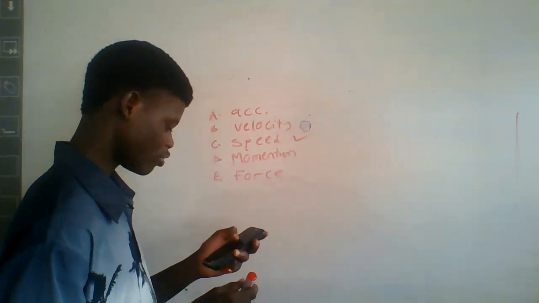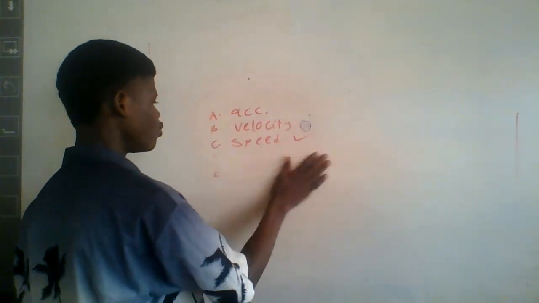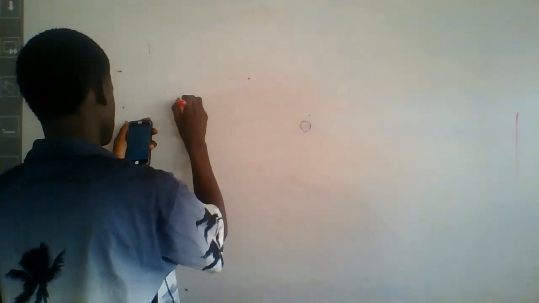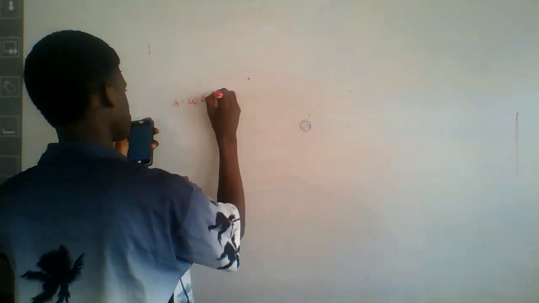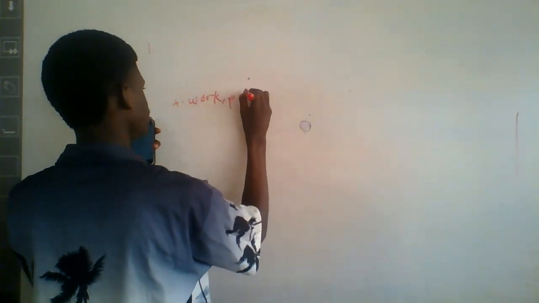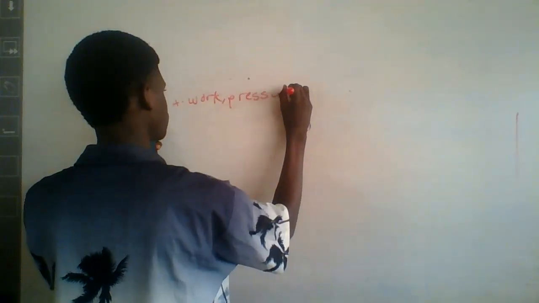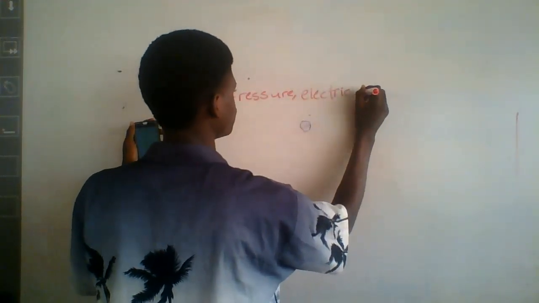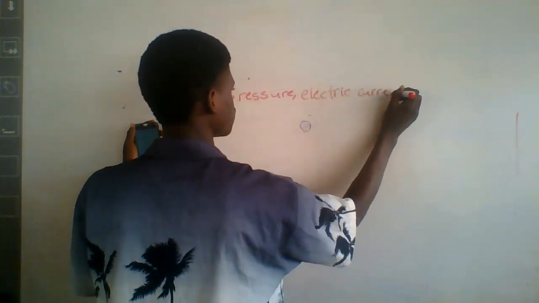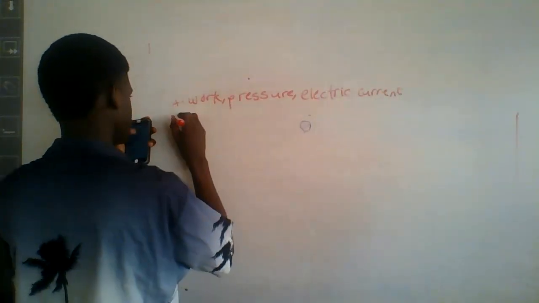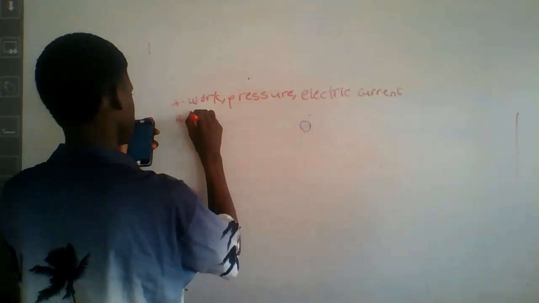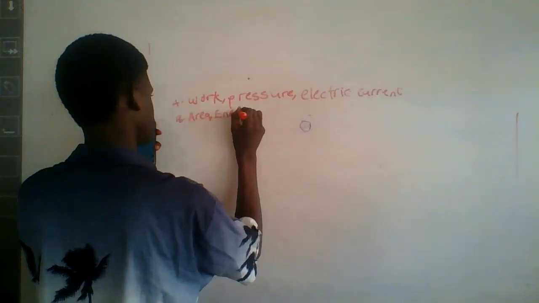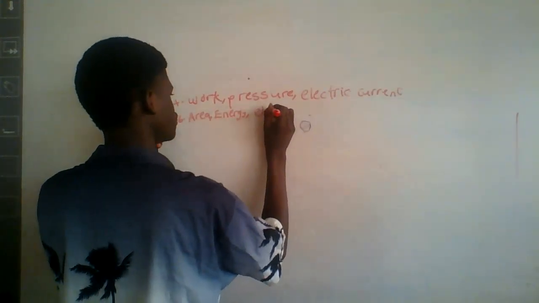So, 20. You said which of these options has only vectors? Let's analyze the options. Option A said work, pressure, and electric current. Option B said area, energy, and electric field.